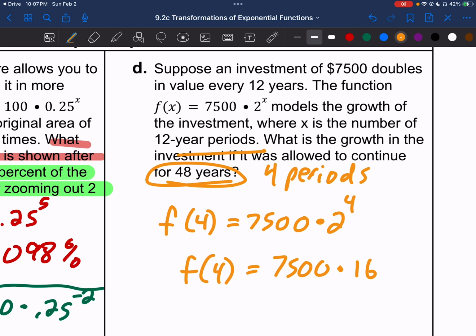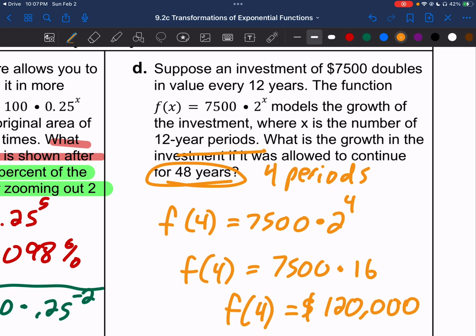And so when we do 7,500 times 16, we get that f of 4 is equal to, we're using dollars, $120,000. So if you could get that rate of return where your money is being doubled every 12 years, you could have a significant amount of money based on just a small amount to start with.